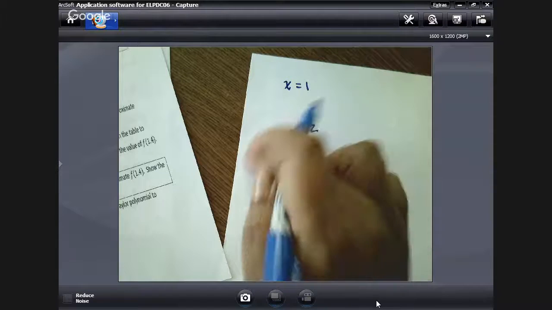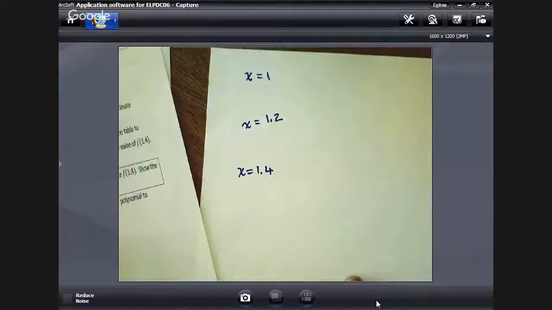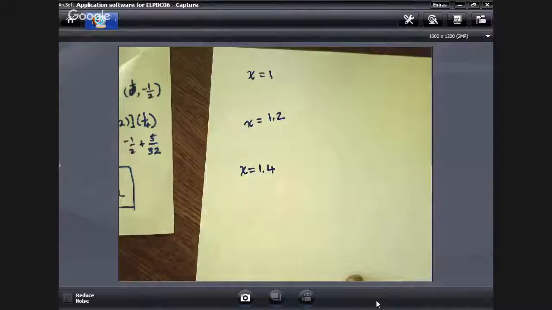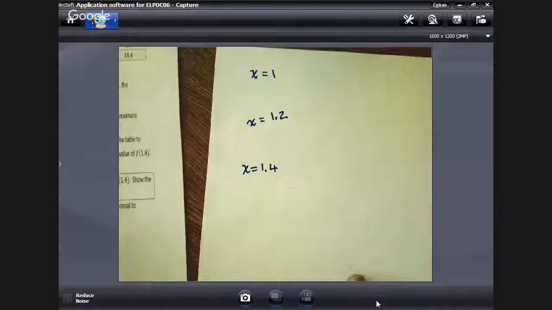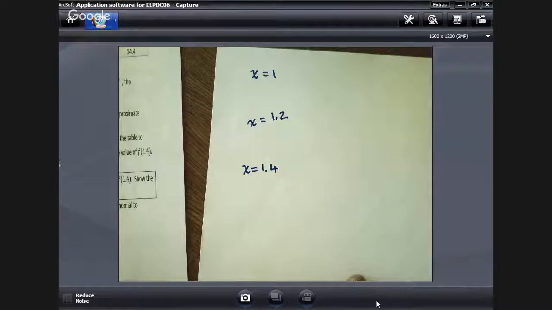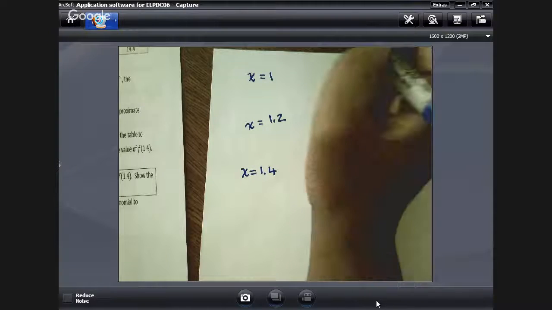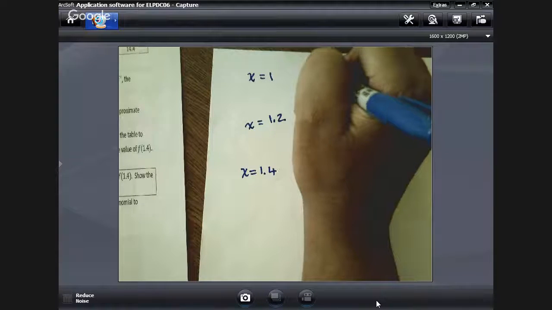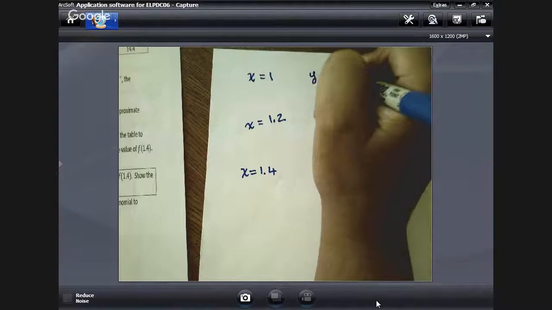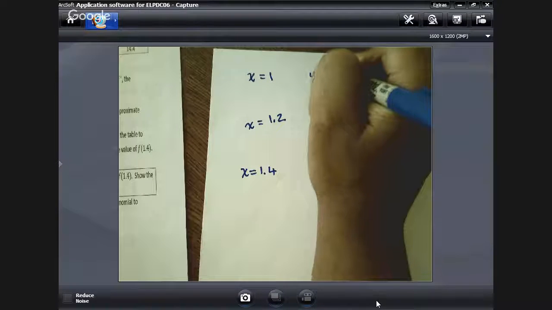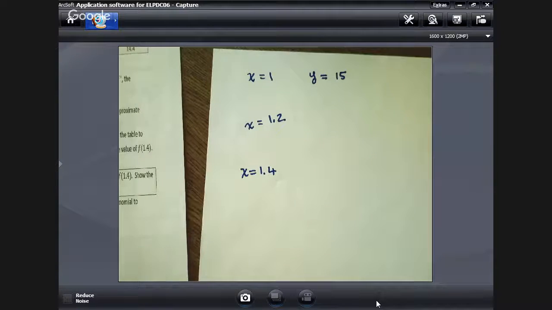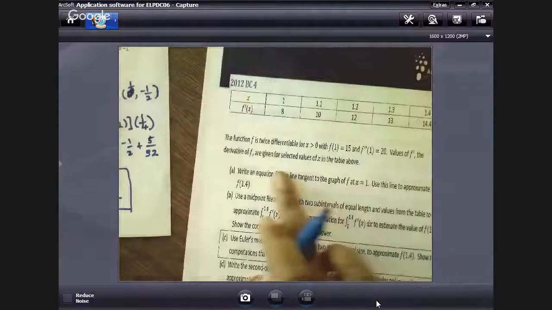That'll be 2 steps. A lot of times, especially on free response, the question will be in 2 steps. So keep that in mind, that it doesn't necessarily have to be 2 steps, but a lot of times it is. So when x equals 1, y is equal to, well, it's up there in the top of the problem, 15.